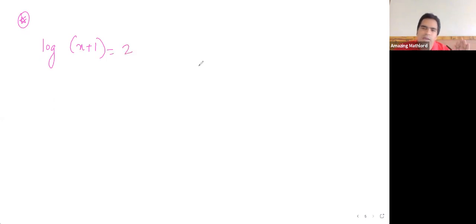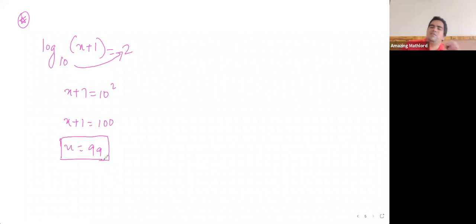And I want to convert this log relation into an exponential relation first. Here, as you see, there is no base, so by default you take the base 10. This pushes 2 back into the power. So x plus 1 equals 10 squared. So x plus 1 is nothing but 100, and x is 99. So that's the value of x.